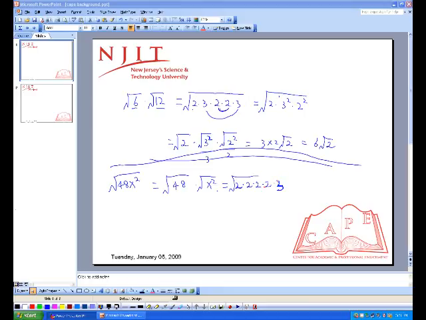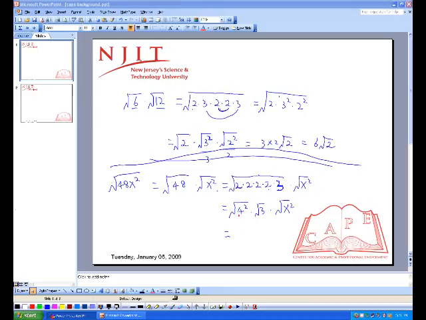So there's four 2s and one 3, right? That's 48, because 2 times 2 is 4, 4 times 4 is 16, 16 times 3 is 48, and then multiply by square root of x squared. Now 16 is really square root of 4 squared, right? Because 4 squared is 16, and 2 times 2 times 2 times 2 is also 16. So 4 squared times square root of 3 times square root of x squared, okay?